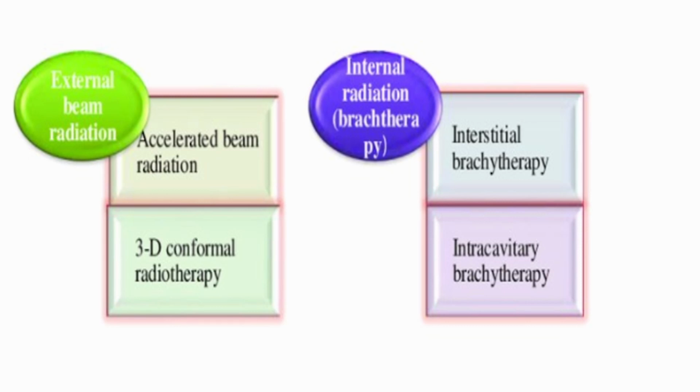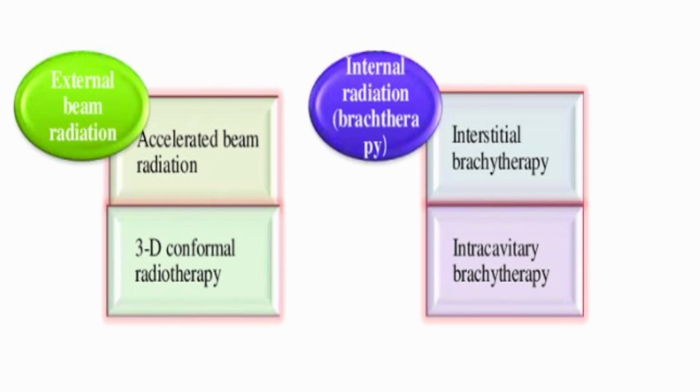In this case, the openings of the body can be used as routes to put the radioactive substance in your body. Like you can swallow it via the mouth, it can be via the anus, or the vaginal route. So it all depends on where they are placing the radiation source.